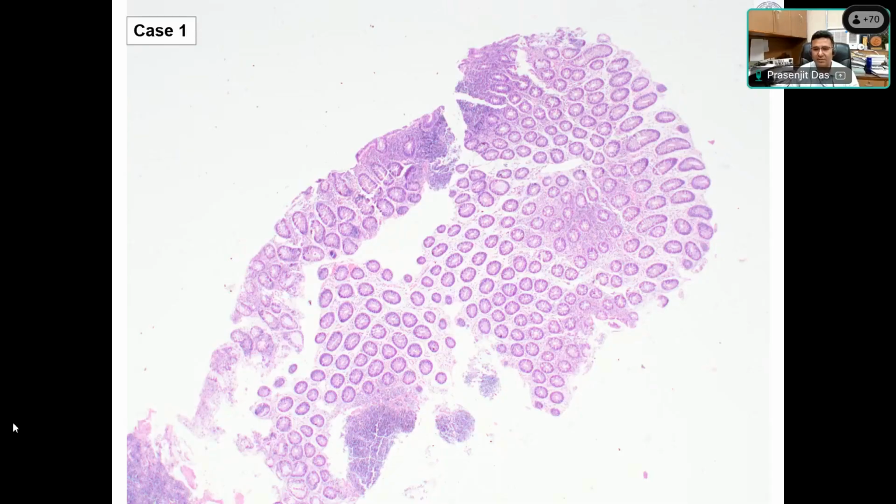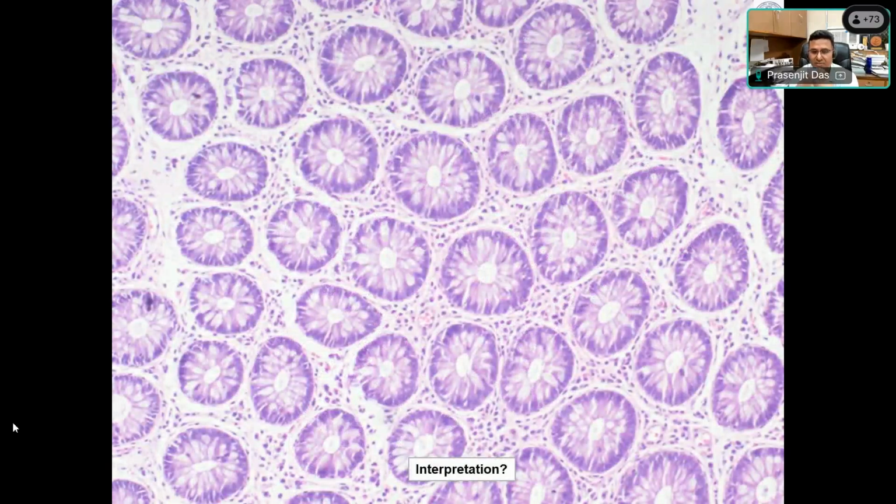We'll discuss it with some of the students, maybe some first year student, either Dr. Gulabshan or Dr. Srishti. Any one of you can take this up. So this was the first image and this was the second image, and we asked what is your interpretation. If you get this type of biopsy, what will you tell?